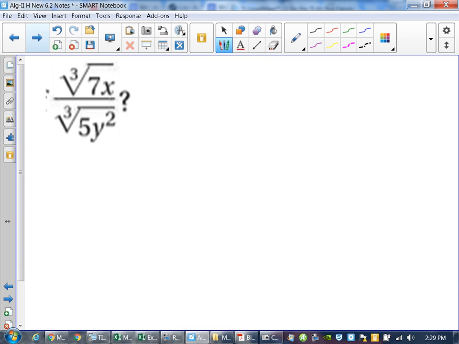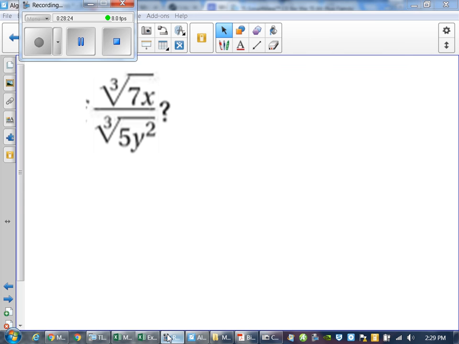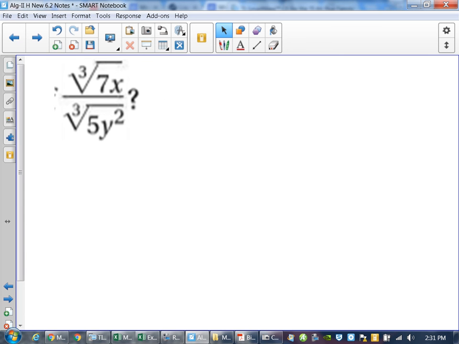This one's actually a little bit easier because the denominator is not a composite. Solve for the question mark. Simplify it, rationalize your denominator, okay? So bottom one here, 5's a prime number. How many more do you have to multiply by to get to a cube? 2 of them.